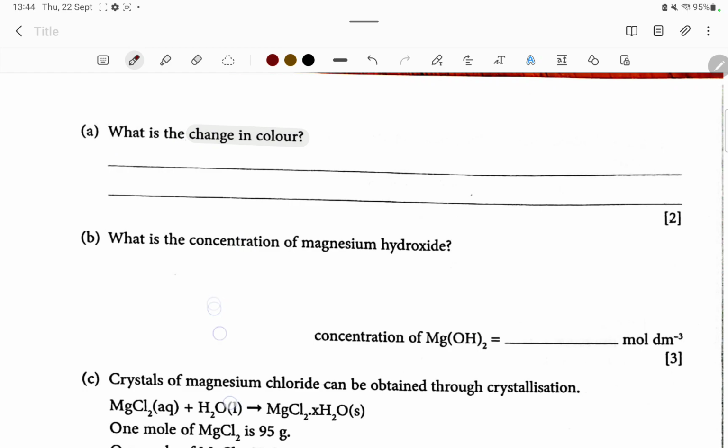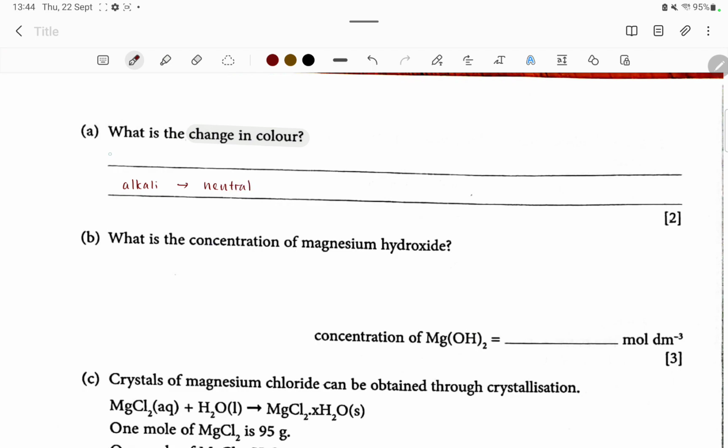Blue or purple is alkaline, because at first we add the universal indicator into the alkaline solution, so in this case it's magnesium hydroxide. So this one alkaline to neutral.